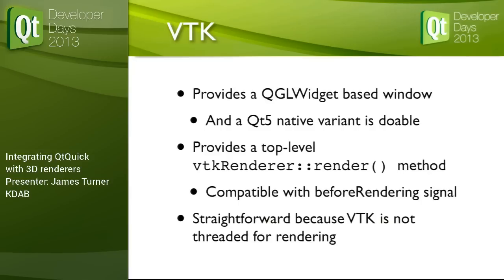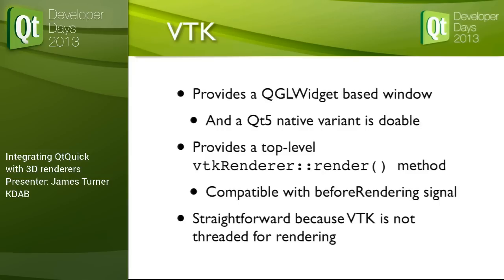And inside that render function, it basically goes and synchronously does whatever rendering, whether it's an MRI scan or streamlines or polygon points around a CFD volume, whatever VTK thing you've configured, it will go and render at that point, however long it takes. And that means that this is compatible with that before rendering signal, because we can hook up before rendering, do a direct connection to it, inside that call VTK renderer render, and go forward.